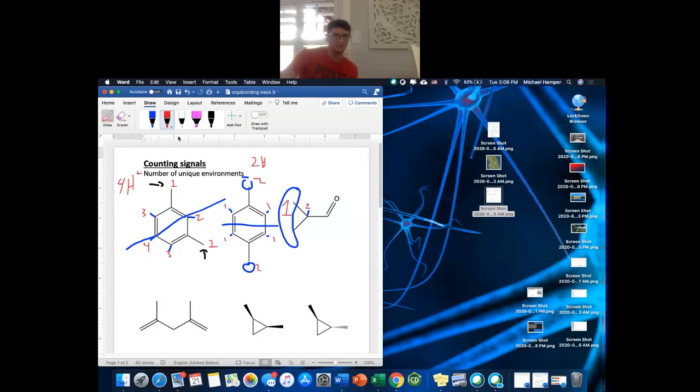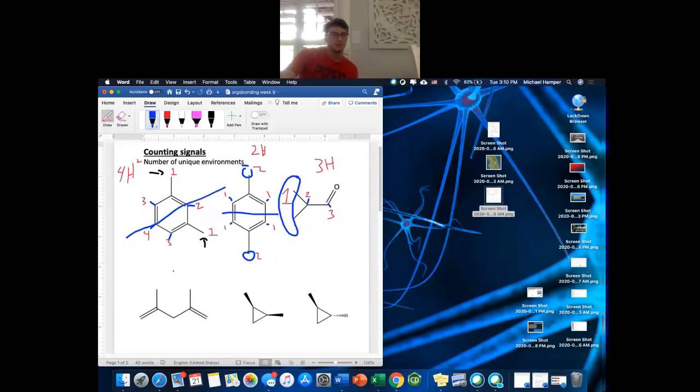Here's your second signal, and it's implied. But going back to your functional groups, you should know that this is an aldehyde, as there's an implied hydrogen here, and that is your third HNMR signal. Right.